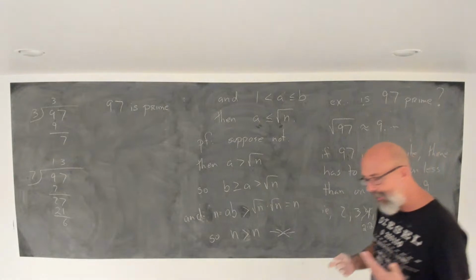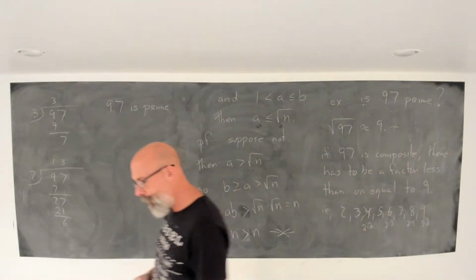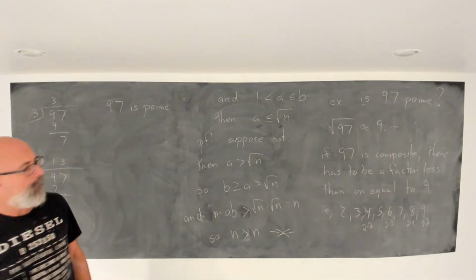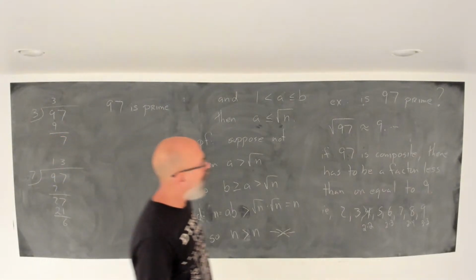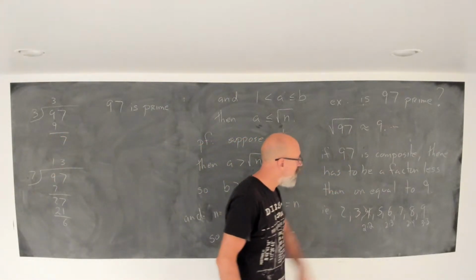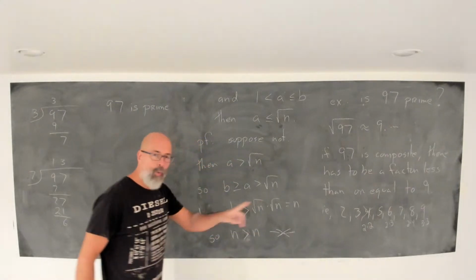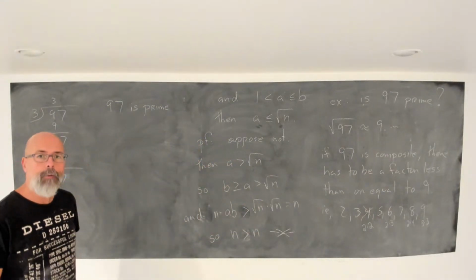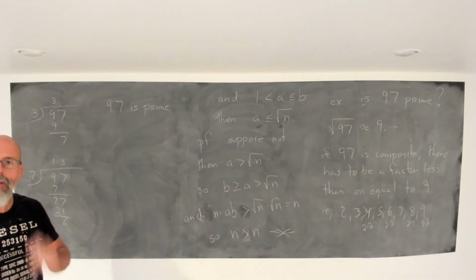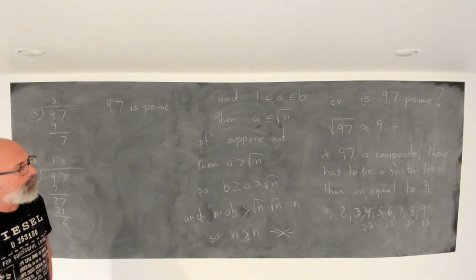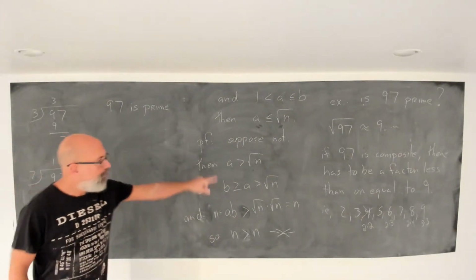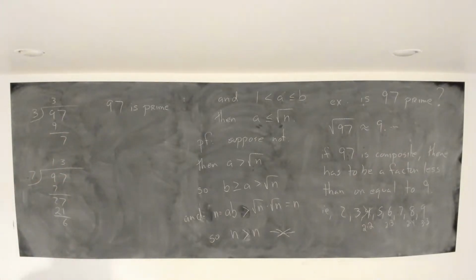So we did not need to consider these composite numbers less than or equal to root 97. In other words, we only need to consider the prime numbers less than root 97. And this is true. This is always true.